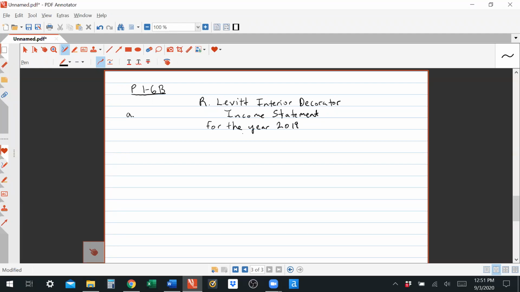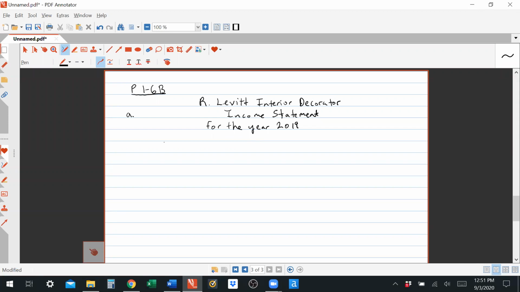You might say, why do I need to say for the year? Well, because sometimes companies make quarterly income statements, and those would have for the quarter, for the first quarter 2019 or something like that. So that's why we put this wording.